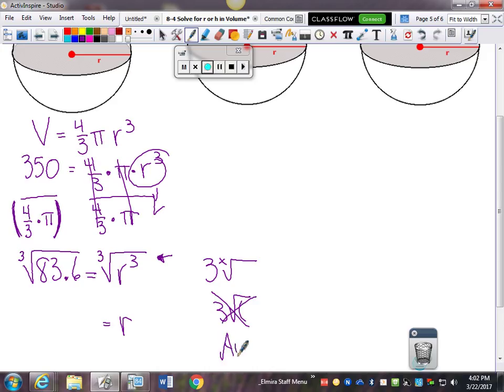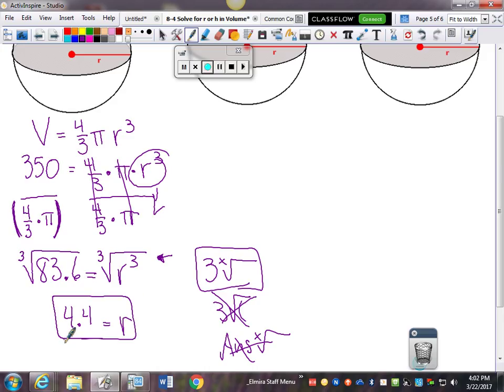If you see ANS x root, that's wrong. Those are the common mistakes kids make. They don't remember to type the 3, or they type the square root instead of the x root. We need the x root. But if we do this correctly, we get 4.4 for our R.